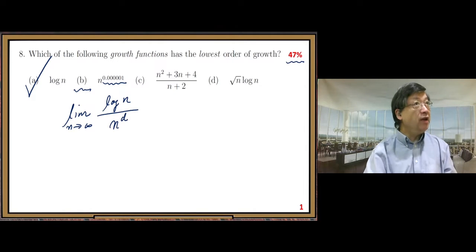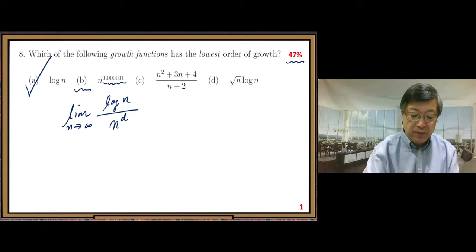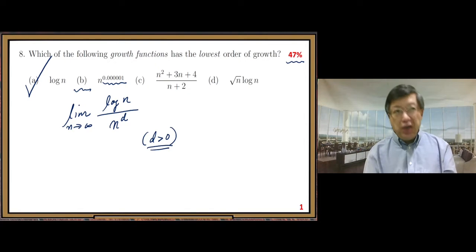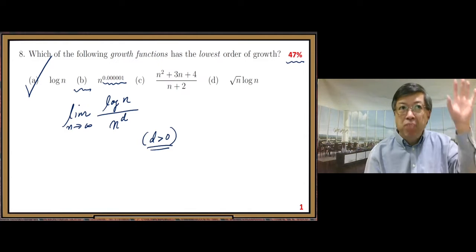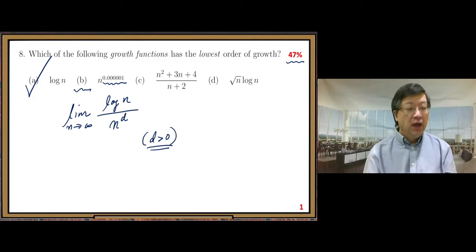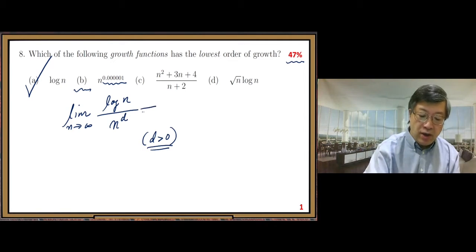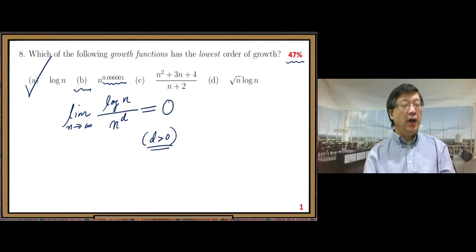What is that d? Some positive constant. We only require that d is greater than 0. d could be any positive number, not necessarily an integer. And we use L'Hopital's rule, we prove it. The limit equals 0.